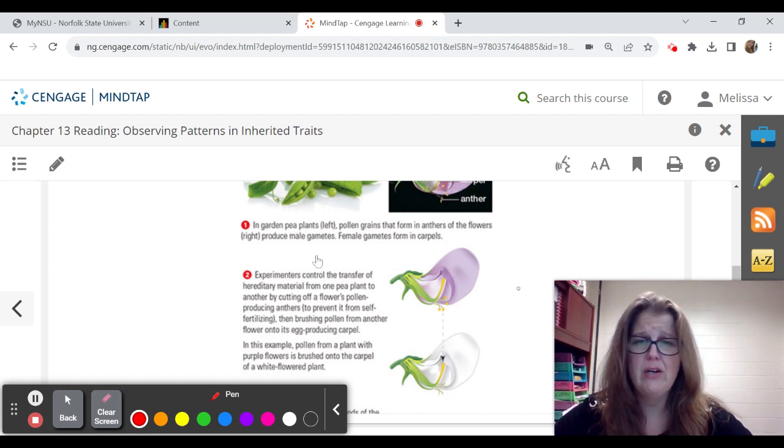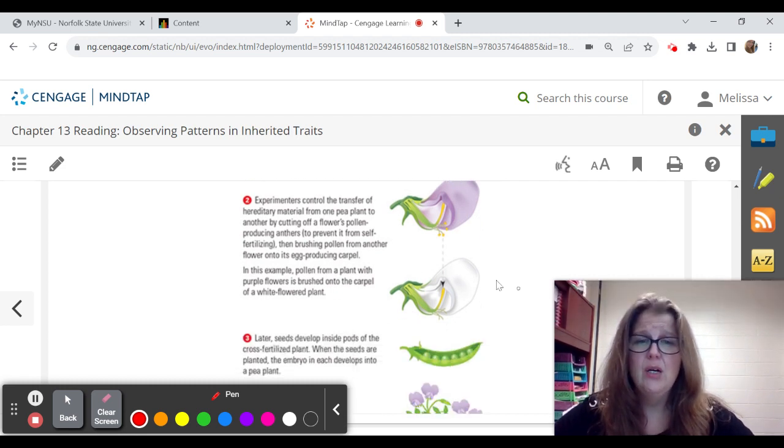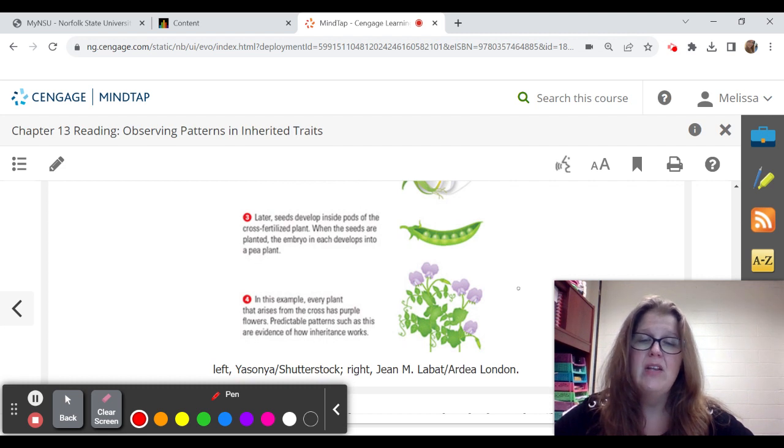So in this example here on the screen, it's showing you a purple flower and a white flower. And he took pollen from a purple flower and pollinated a white flower. And then as the seeds develop, these are going to be the peas. He's going to take those and plant those.